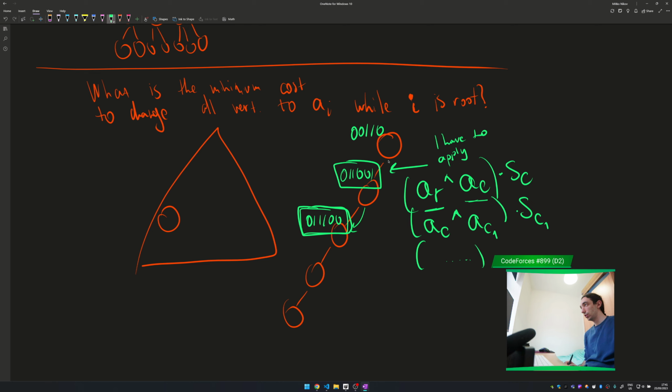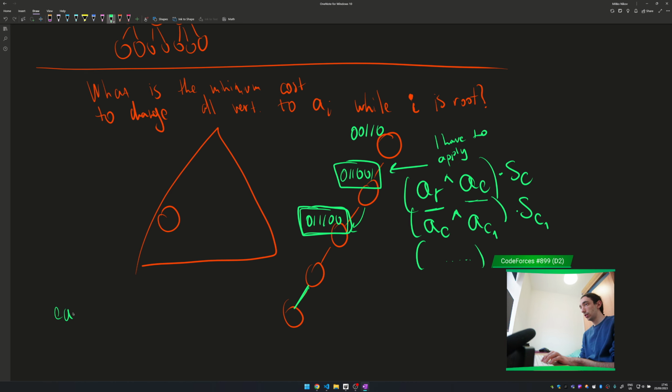So each edge will essentially get us in some tree. Each edge will contribute the change in the XOR between these two, times some sum.